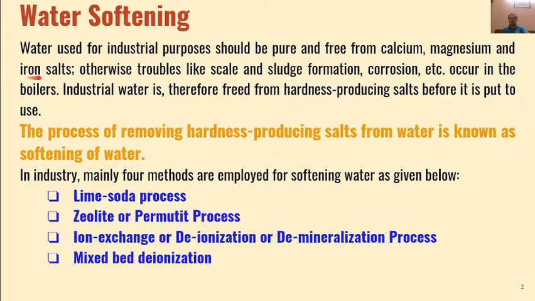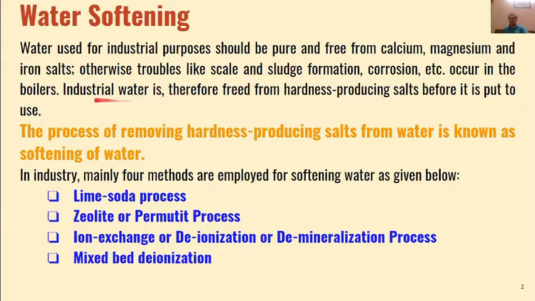Otherwise, if these salts are present in the water which we are using for industrial purposes, they will be responsible for scale and sludge formation in the boilers. Then these salts can also cause corrosion in the boilers, and that will be very damaging for our industrial equipment.